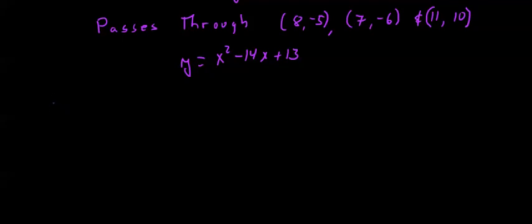So we have negative 5 equals a times 8 squared plus b times 8 plus c.